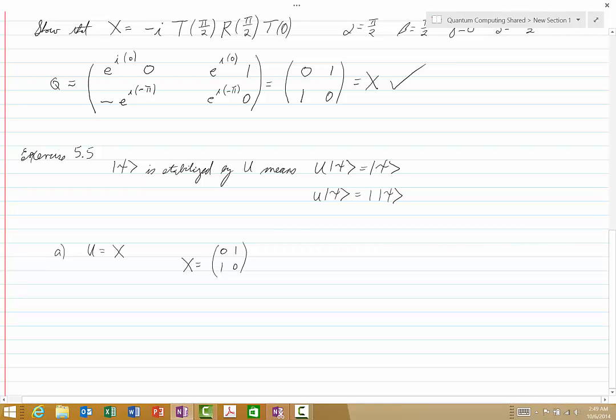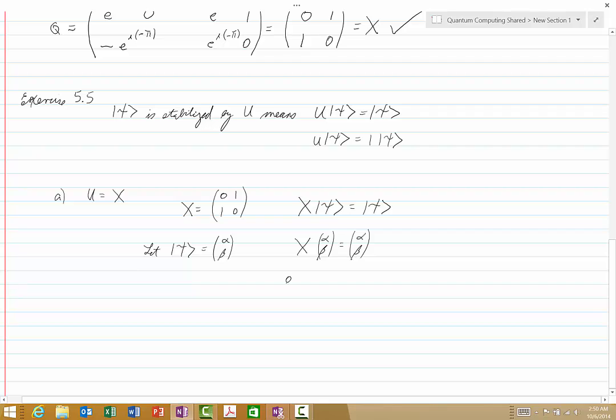So let's just use that information and make this easy. So we have X psi is equal to psi. And so this becomes very simple. We don't know the components right now, but we'll suppose that they are alpha and beta. Then that means X operating on the vector alpha beta gives us alpha beta.